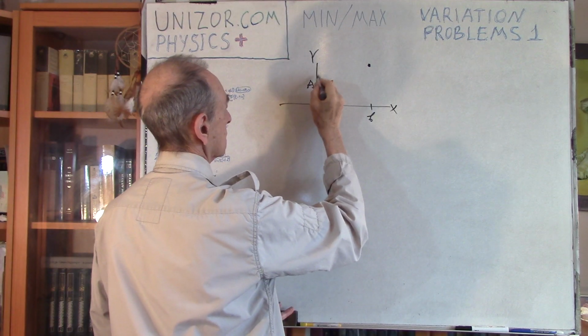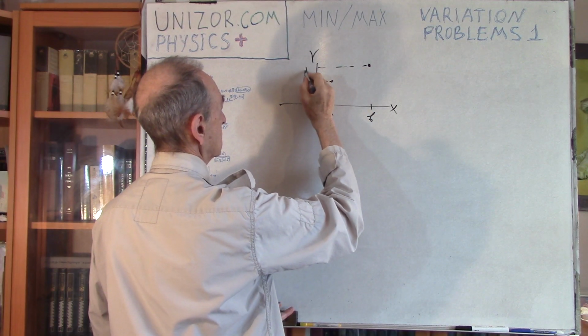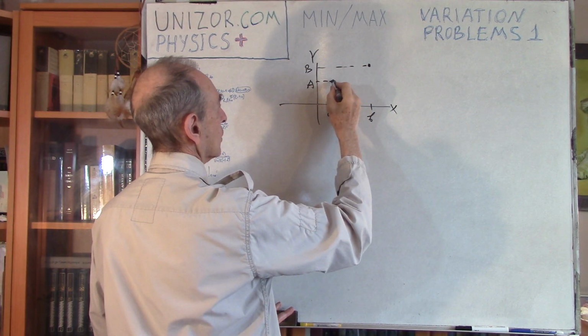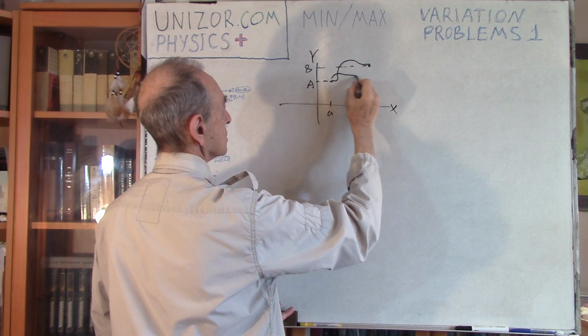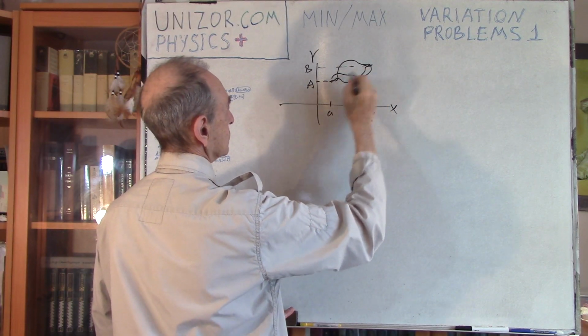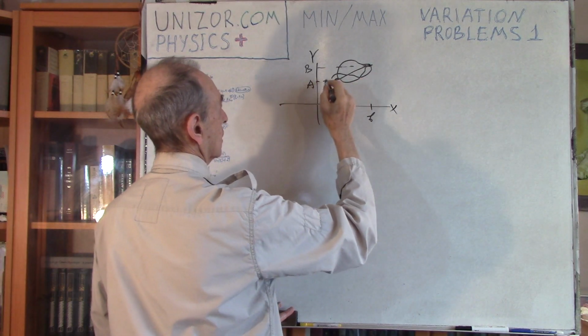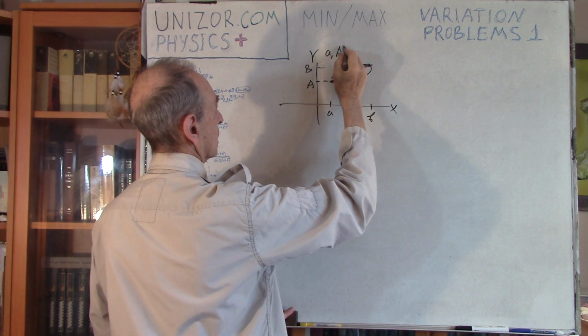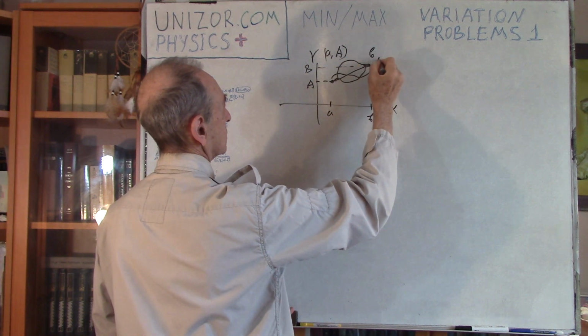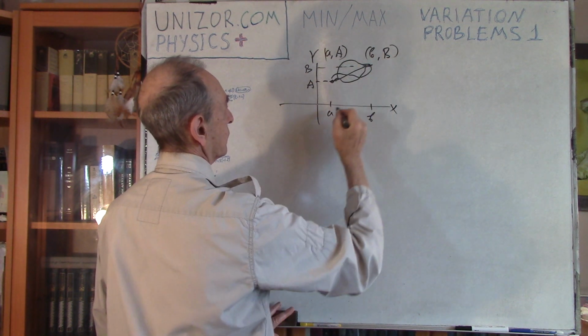This is A and this is B, and consider all the different functions. These are graphs of all the functions between points A and B.